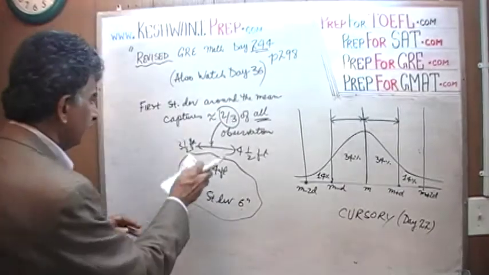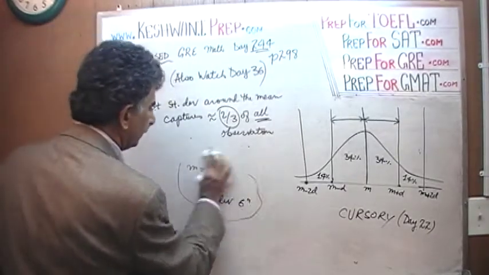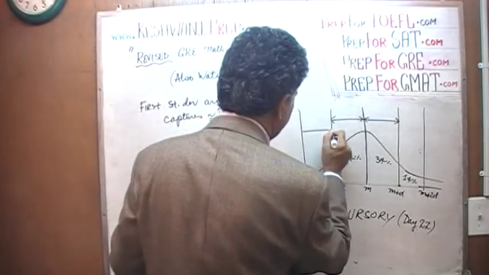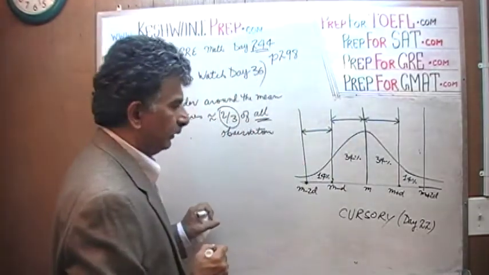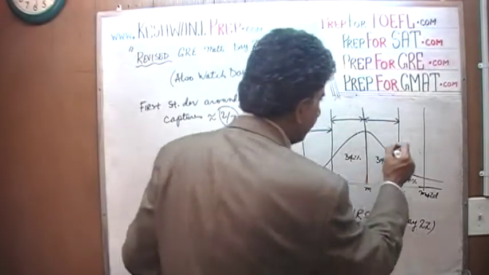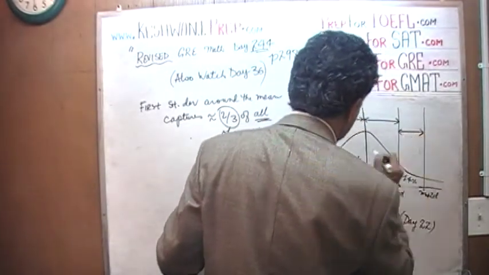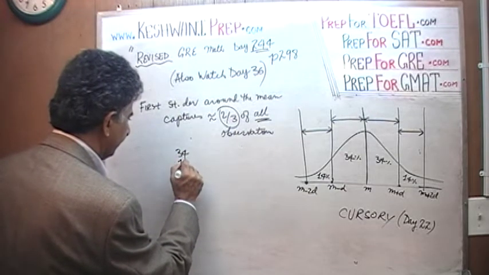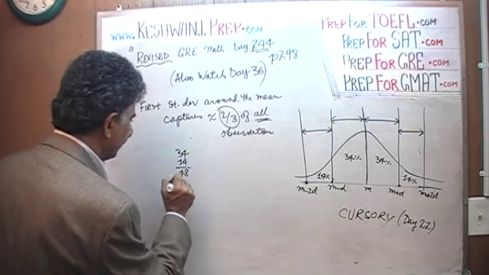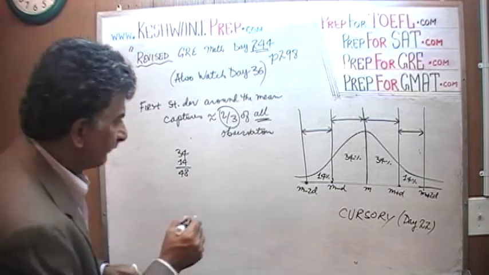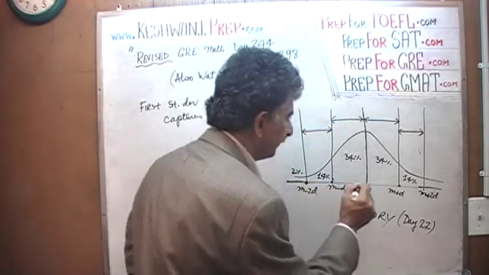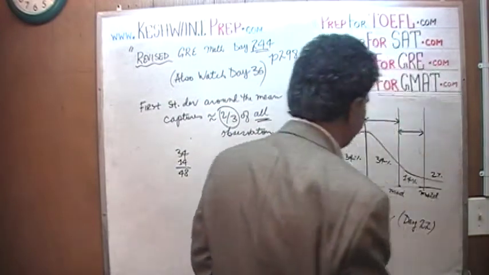It gets even more interesting. If we go one more standard deviation, we capture another 14% on this side, and another 14% on this side. So now 34 plus 14 is 48, which means this leftover part is only 2%. 2% in this tail, 2% in this tail.